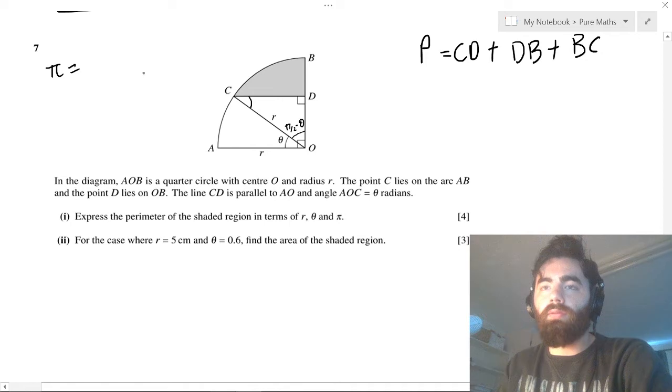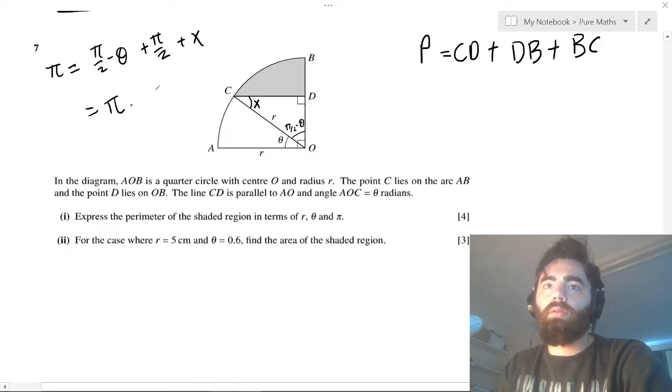So pi equals this, pi over 2 minus theta, plus our pi over 2 here, plus our unknown angle here, which we'll just call x. Well, that means that pi over 2 plus pi over 2 is pi, plus theta plus x is pi. So you get, oh, minus theta. So you get theta equals x.